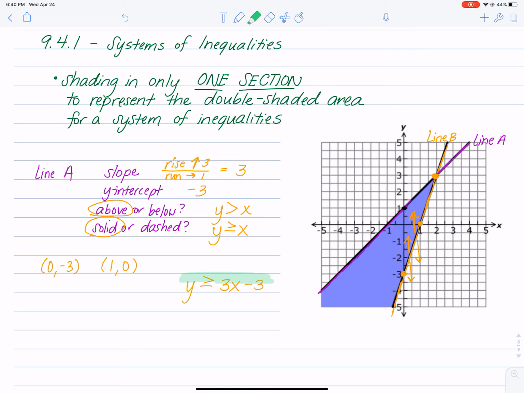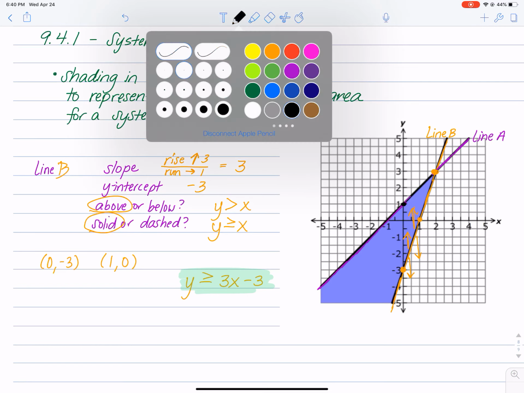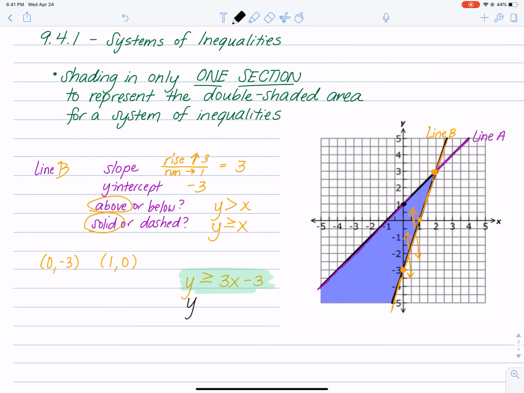And that would be our equation for line B. We figured this out again by doing those four questions, looking at, oops, sorry, this one was line B. Sorry about that, line B. And we figured those two equations out by comparing and contrasting all the different coordinates. So we have y is less than or equal to x plus 1, and y is greater than or equal to 3x minus 3. This would be the system of inequalities that are graphed in this picture.